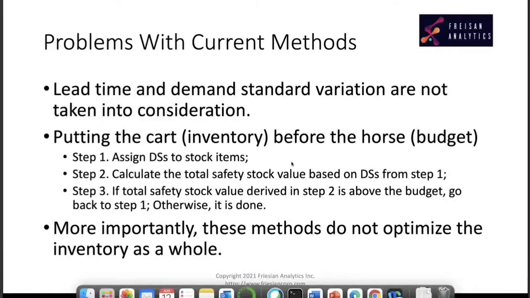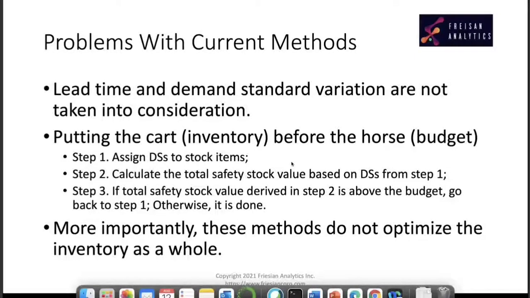And then once we assign the DS, we calculate the total safety stock by adding the safety stock for individual items, right? Once we have the total safety stock, then we compare with our budget. If it's too low or too high compared to our budget, then we have to go back to step one and adjust the DS. It's a tedious and very slow process.